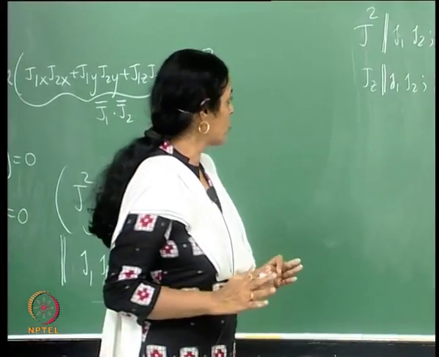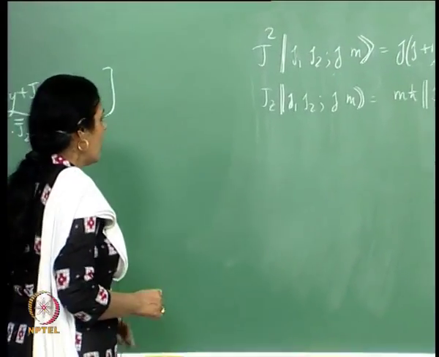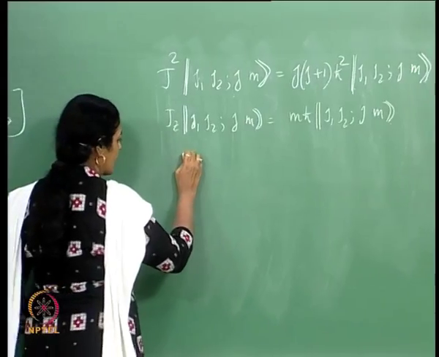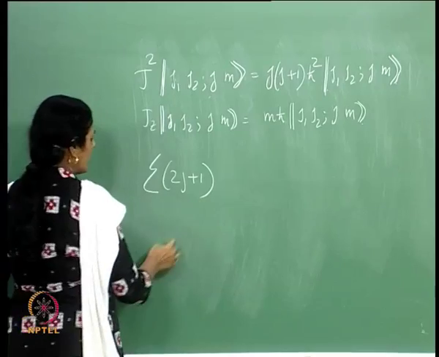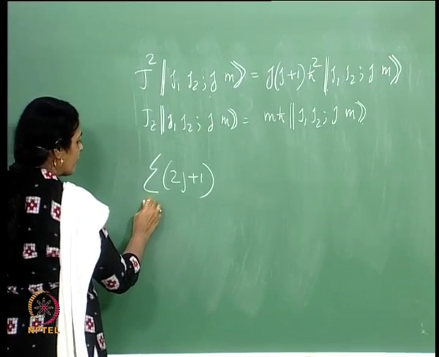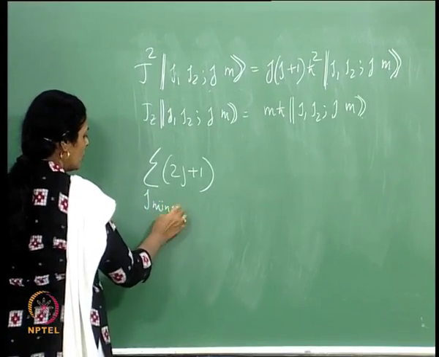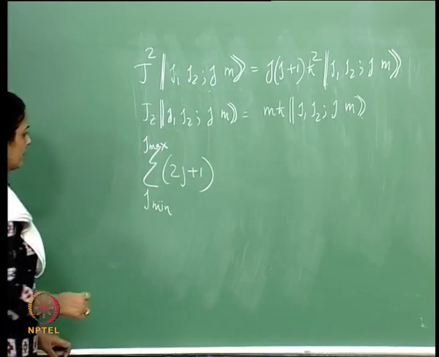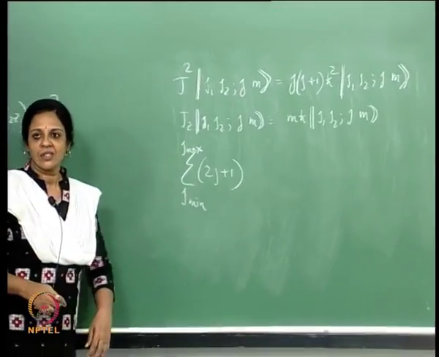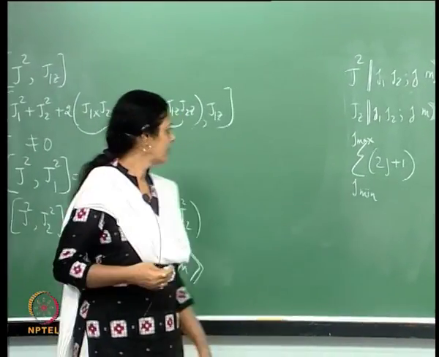So there are 2j plus 1 values that m takes, and therefore the total number of basis states for the coupled basis would be 2j plus 1, except that I have to sum over the minimum value of j, j min, all the way to j max in quantized steps, which I have to figure out.